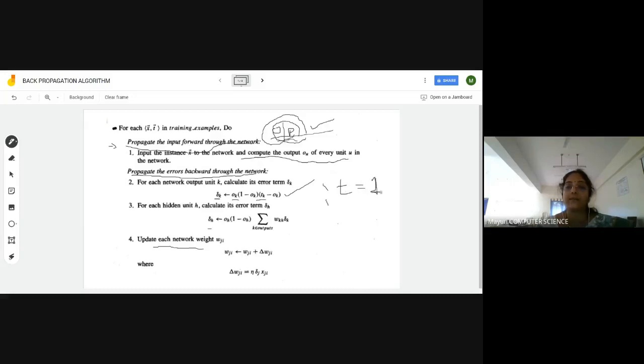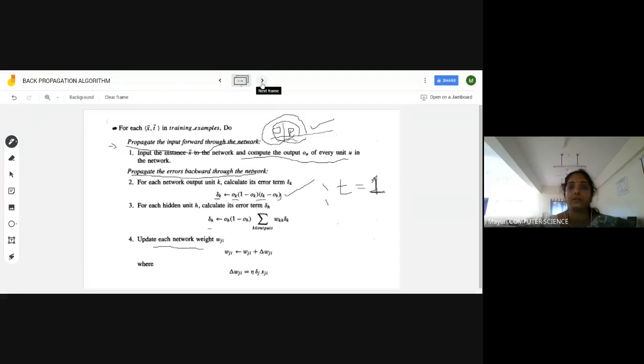This is the same for the entire problem, so no need to worry about that. So Tk value is 1. So Ok into 1 minus Ok, into Tk minus Ok, that is, output into 1 minus that output, then target class minus the output.